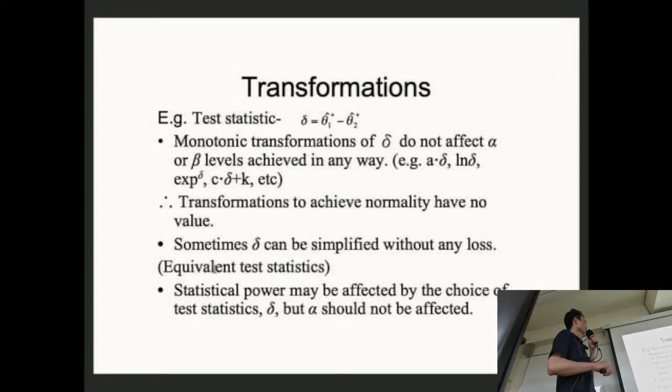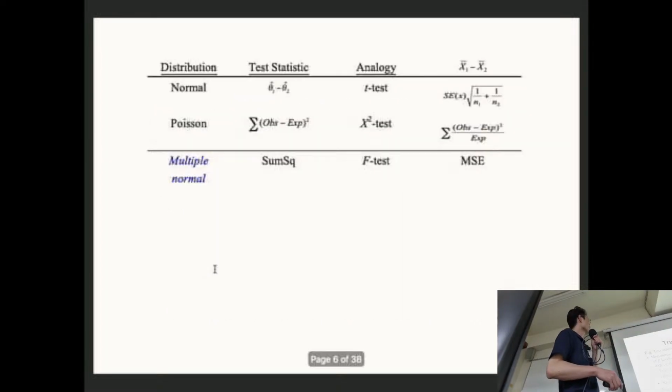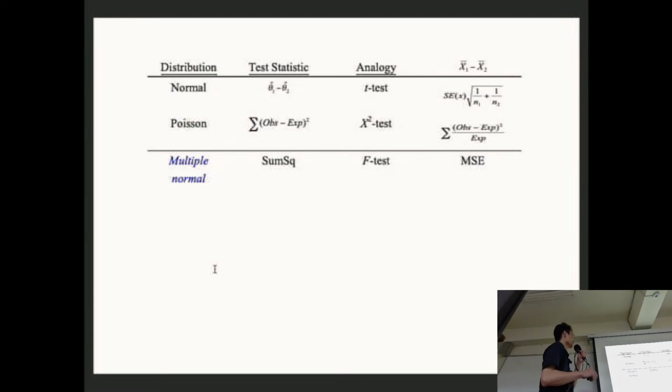Okay? And also sometimes the test statistic can be simplified without any loss, called equivalent test statistics. Okay, then I'll talk about that example using the ANOVA, right? Power may be affected by the choice of statistics, but alpha is not affected. Okay. So that's the typical statistics we are using.